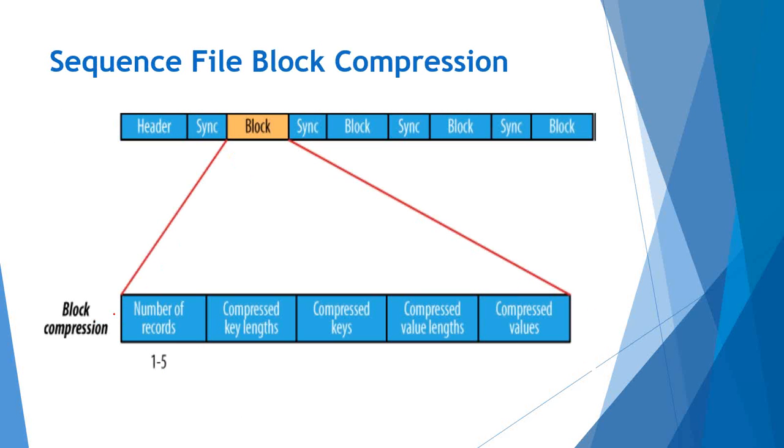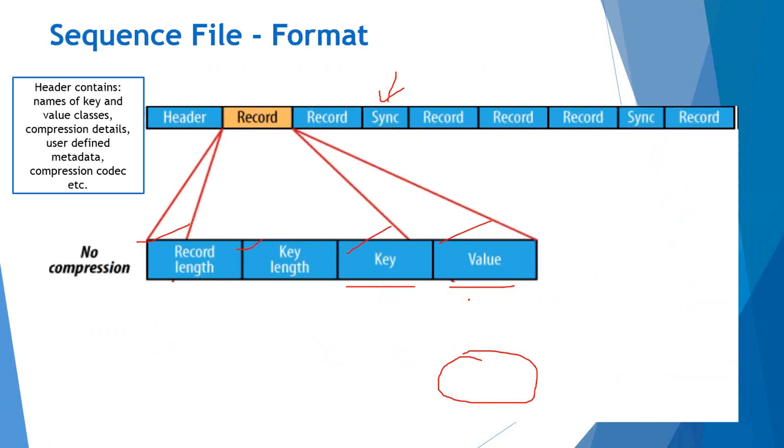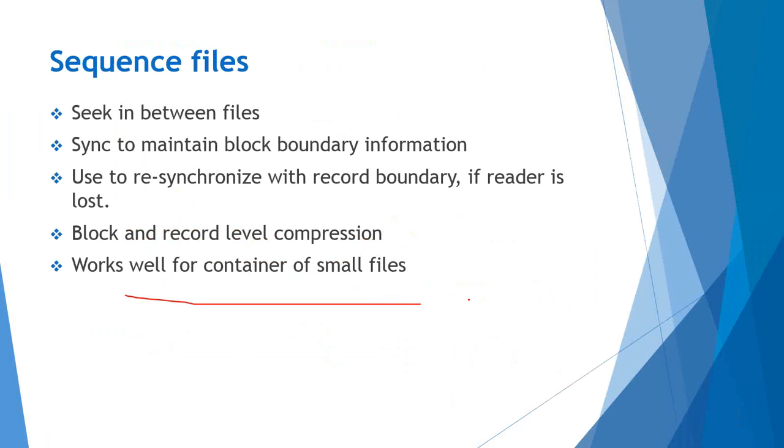It contains the number of records which are stored in this block, the compressed key lengths, the compressed keys, the compressed value lengths, and the compressed values. So I can achieve both kinds of compression on these files, and that's the reason sequence files are splittable, and they are highly used in the industry.